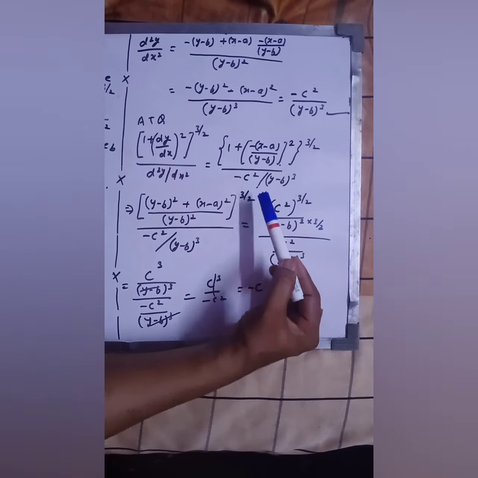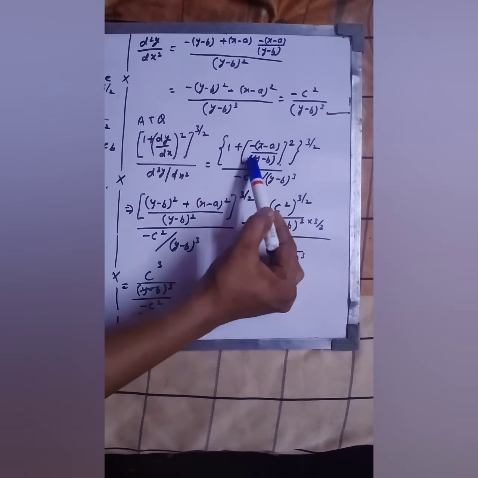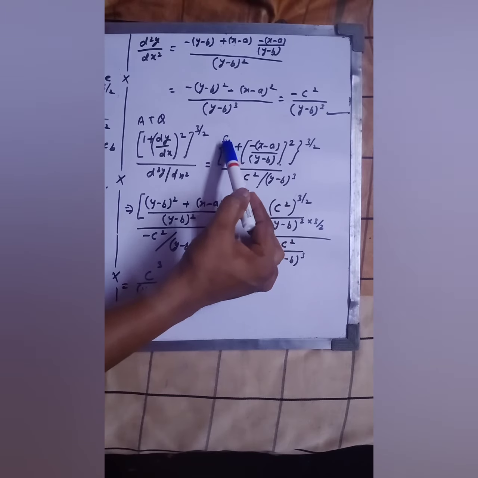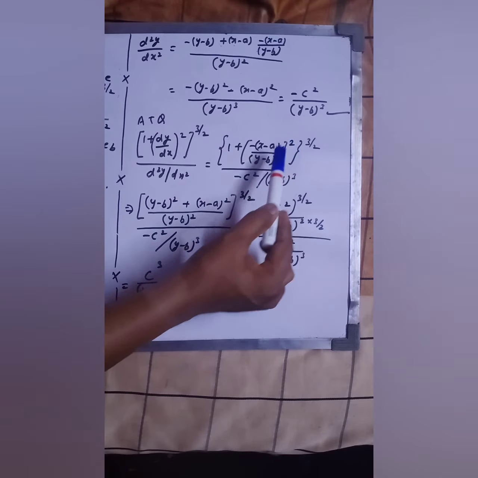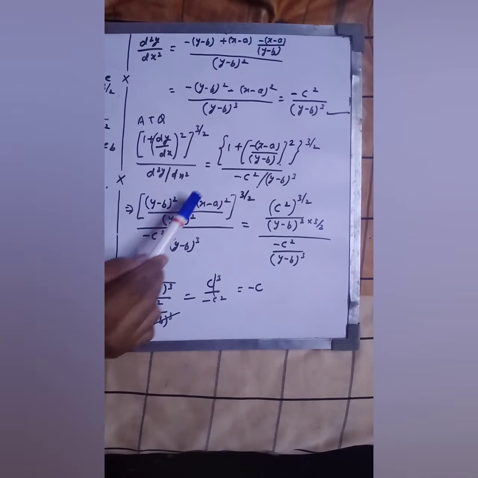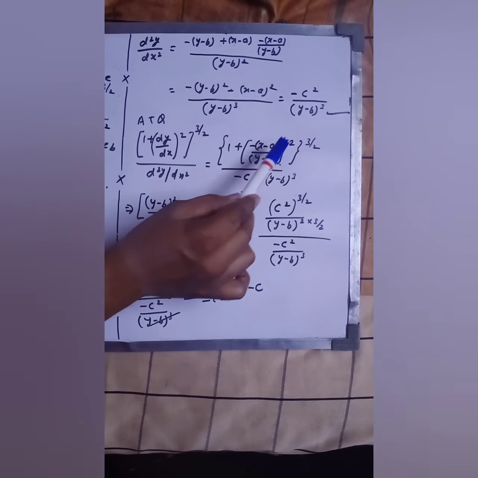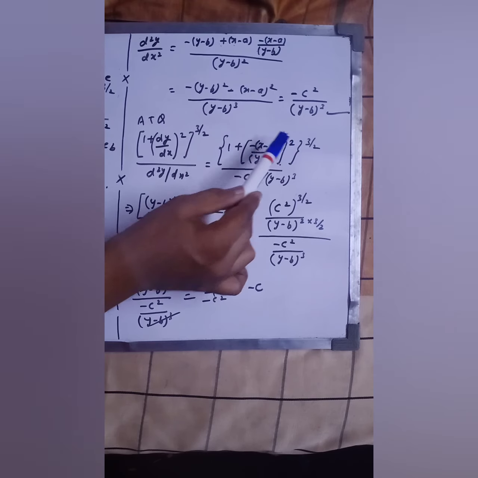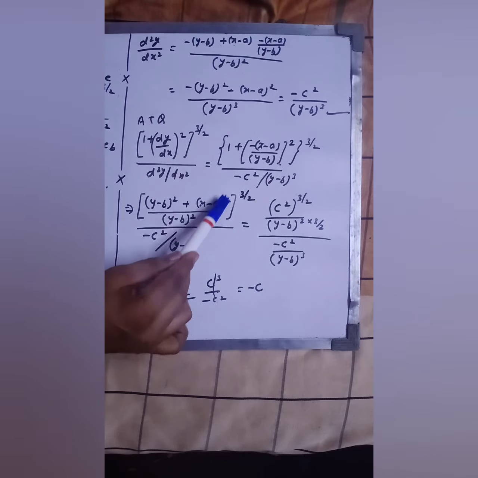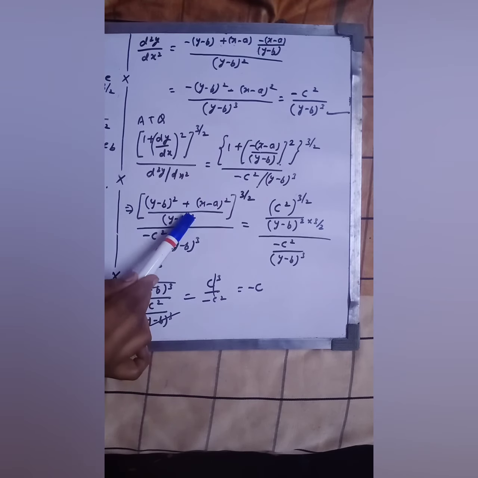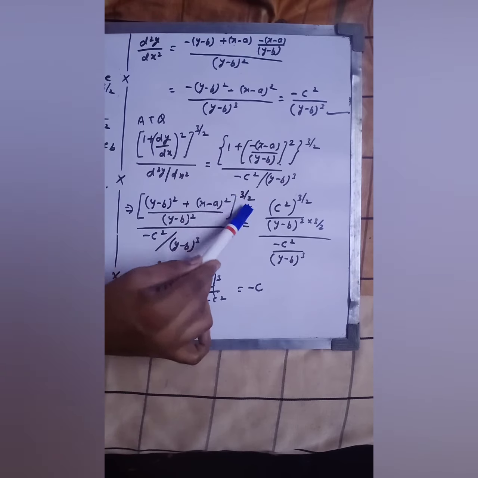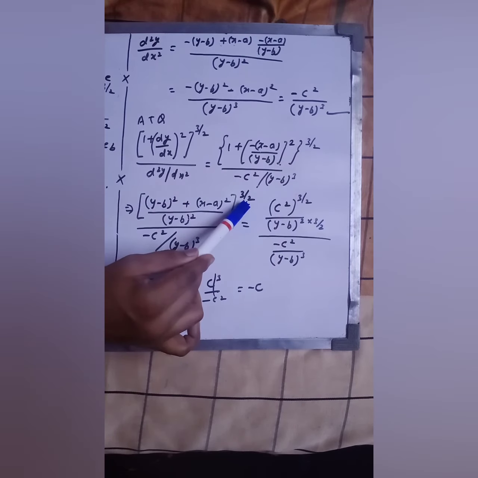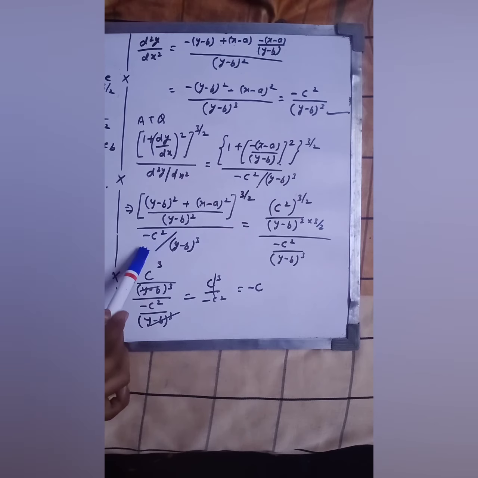Now again for this y minus b, you have to take the LCM. This will be y minus b whole square, because the power is 2 here. So y minus b whole square plus x minus a whole square. This minus sign will be positive because you are squaring it. So x minus a whole square and y minus b whole square, and this whole raised to power 3 by 2, which is this one. And in the denominator, you have to copy the same term.